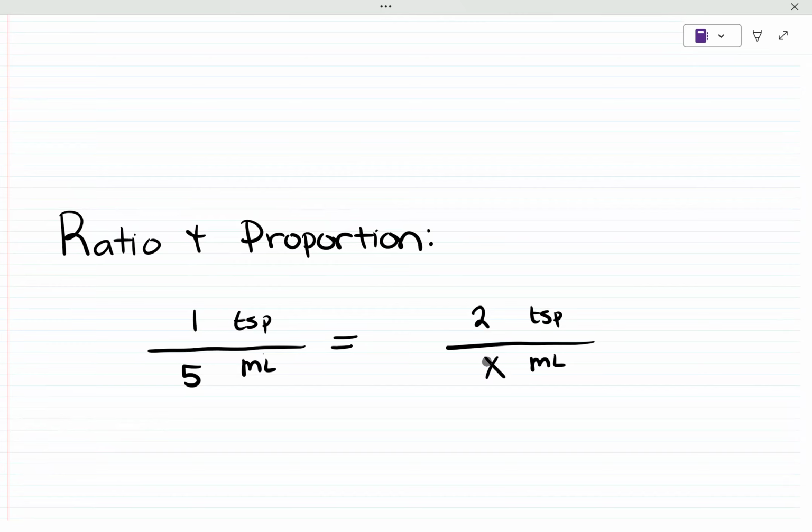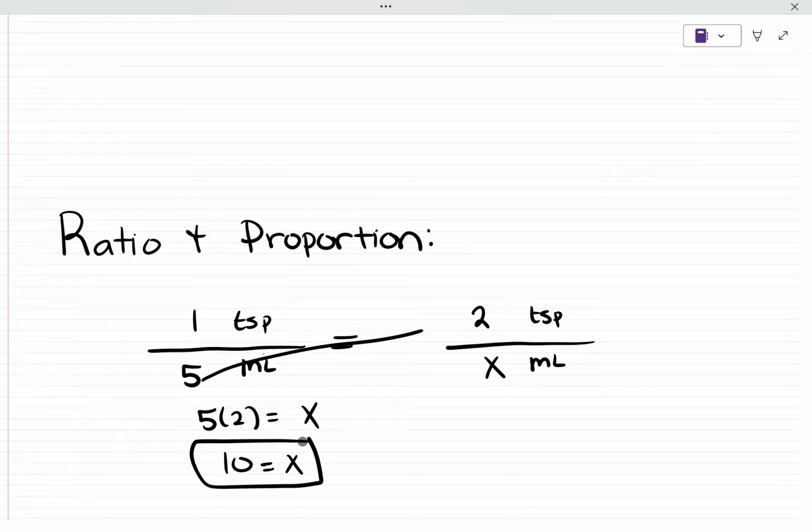So our milliliters will be unknown, our x. Cross multiply, so that's 5 times 2 equals x. That gives me 10 equals x, or 10 milliliters.